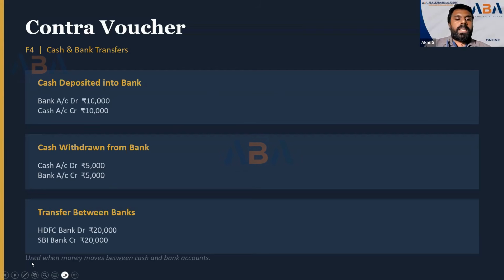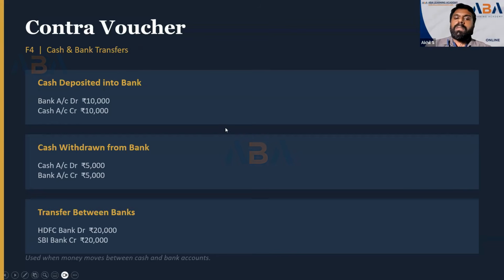You can see in the bottom a note is given: used when money moves between cash and bank accounts. So one more time, if the debit or credit contains only cash or bank account, then you must use contra vouchers for all sorts of cash and bank transfer transactions.